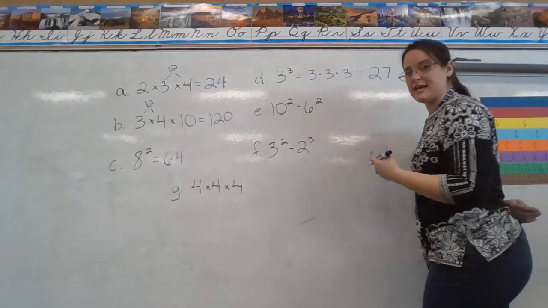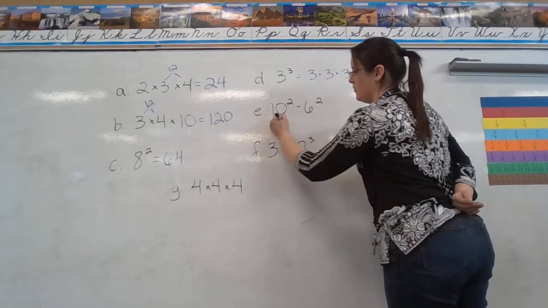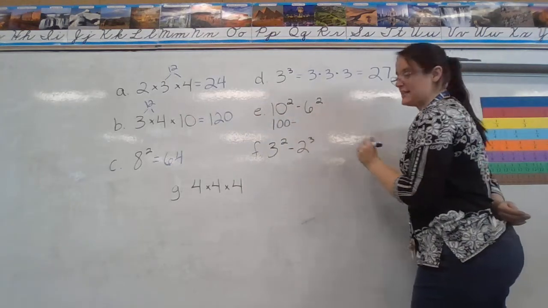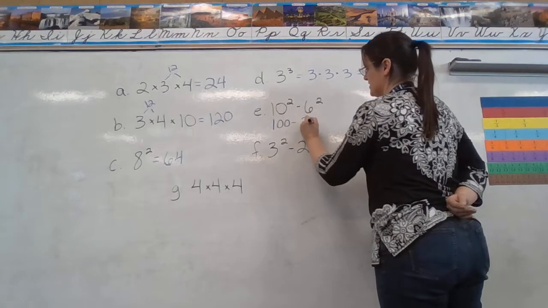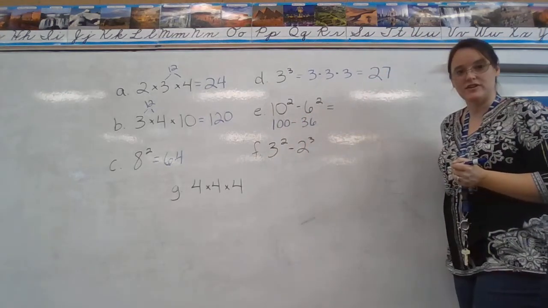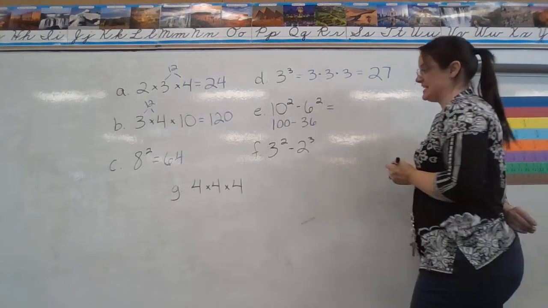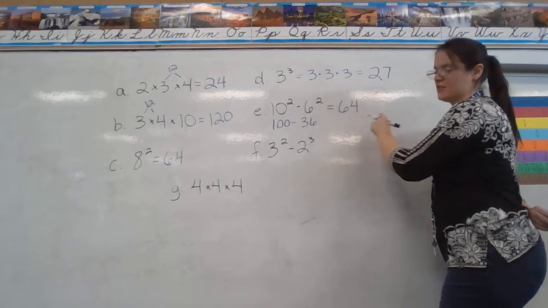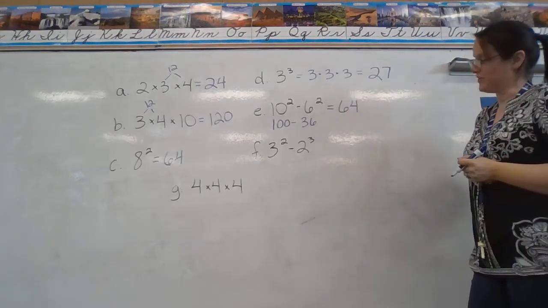That'd be 10 times 10, which is 100. 6 squared is 6 times 6, which is 36. So then I have to do 100 minus 36. That's going to be 64.